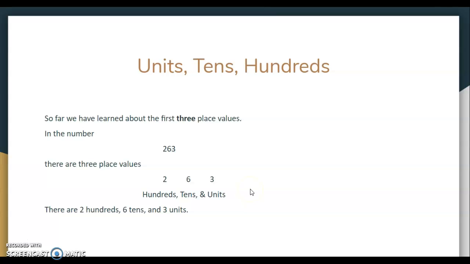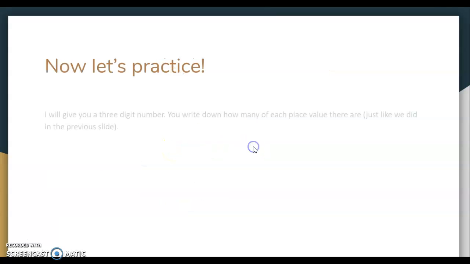In this lesson today, we are going to be breaking apart a number just like this. So let's start practice. I will give you a 3-digit number. You write down how many of each place value there are, just like we did in the previous slide. If you don't already have a paper and a writing utensil, go ahead and get one now.